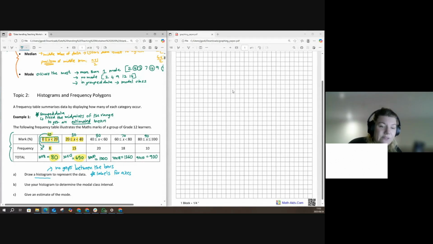So draw yourself a histogram on your side. We're going to need it so we can answer some of these questions. A histogram is like one of those bar graphs, but all of our bars touch each other. So like that.